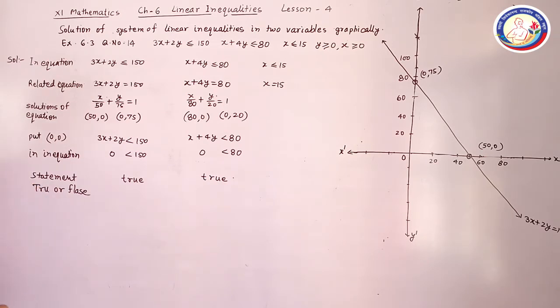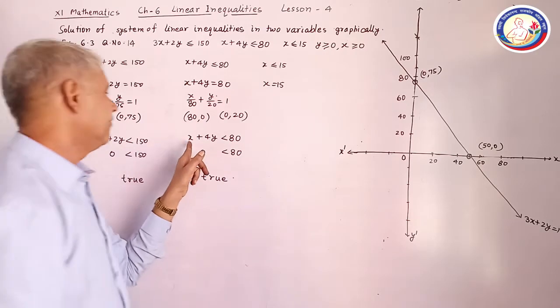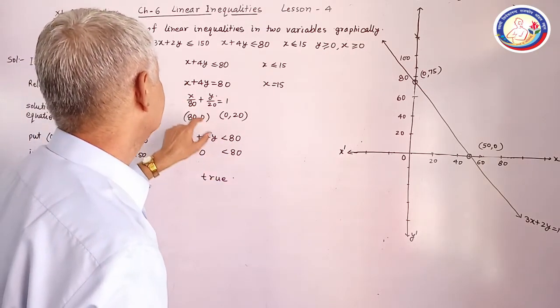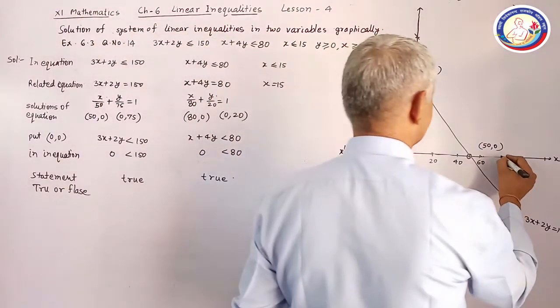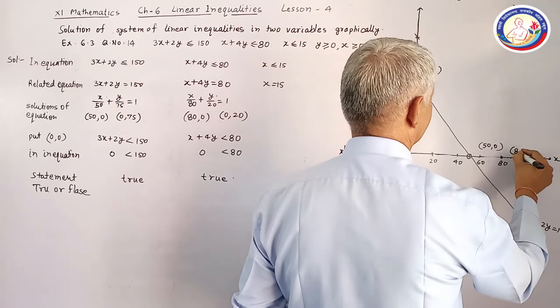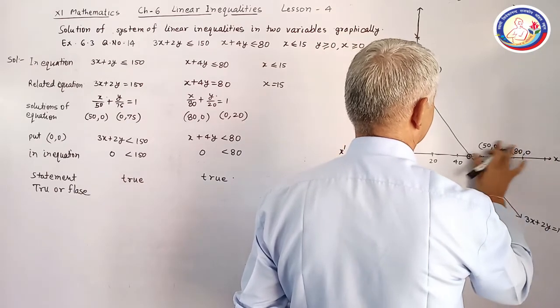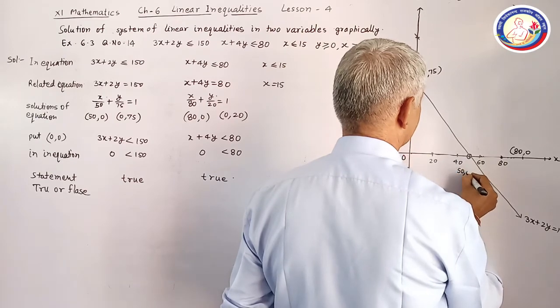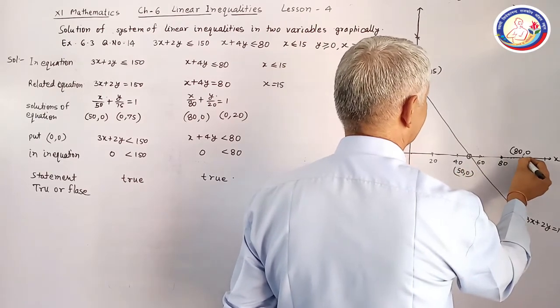So what will be the area of solution? I have forgotten to plot the graph for this. Say this is 80, 0. We can write it here 50 and 0. This is the first point here.